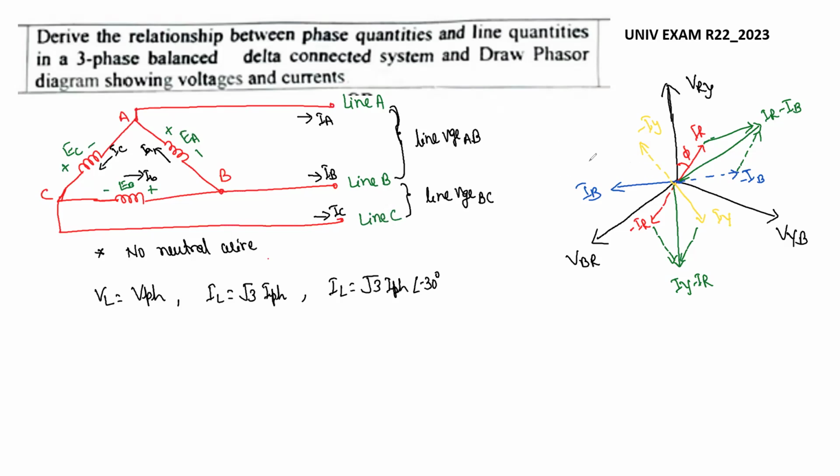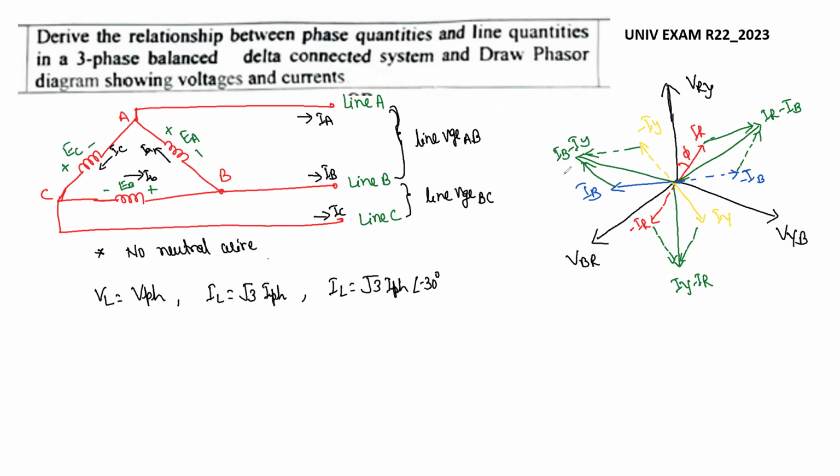Similarly for this side, between IB and minus IY, we shift IB parallelly here, and here IY. If you draw properly, it will look like a parallelogram. Finally, this is IB minus IY.